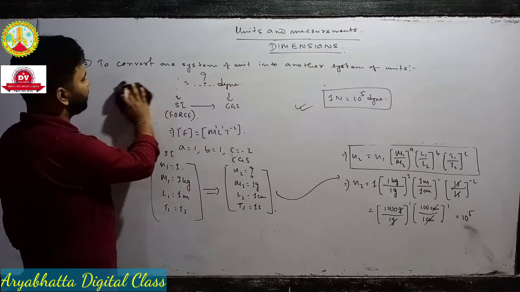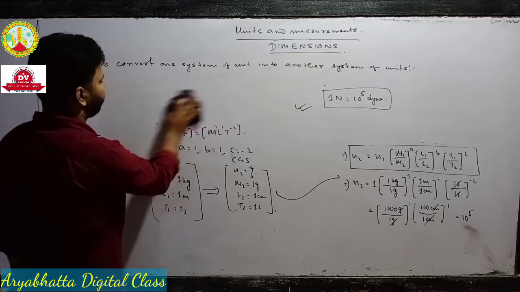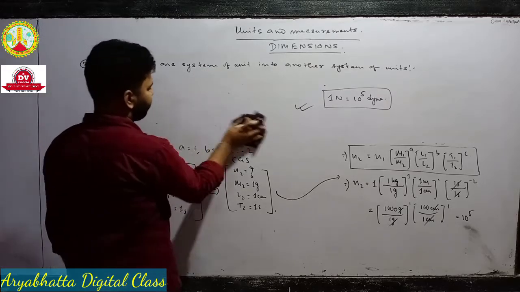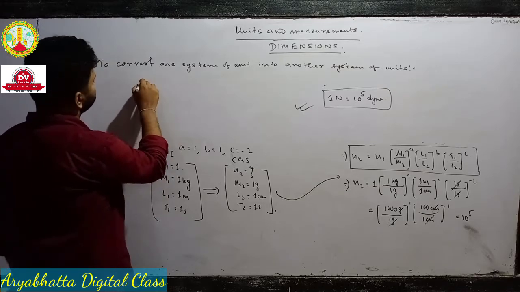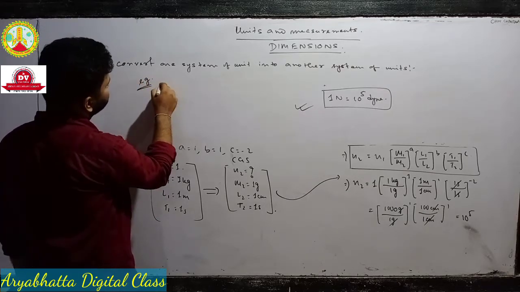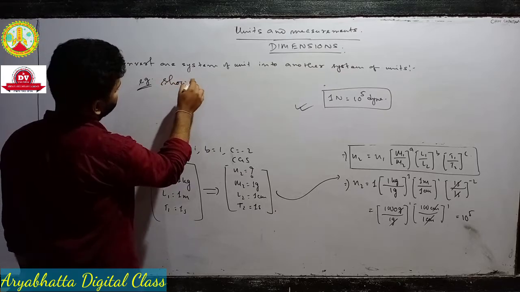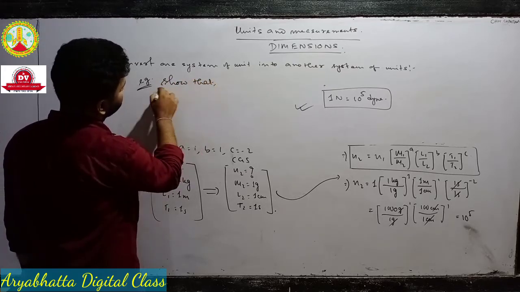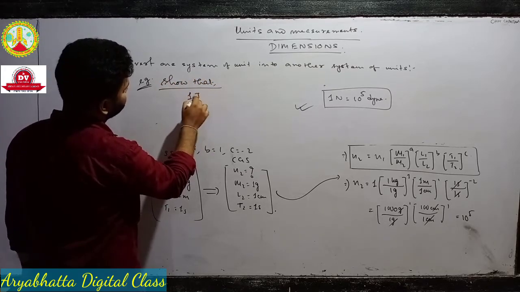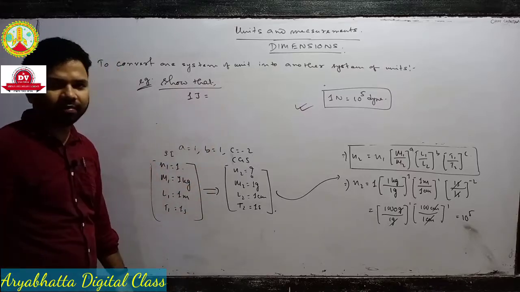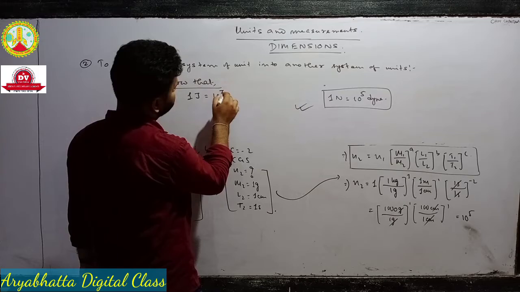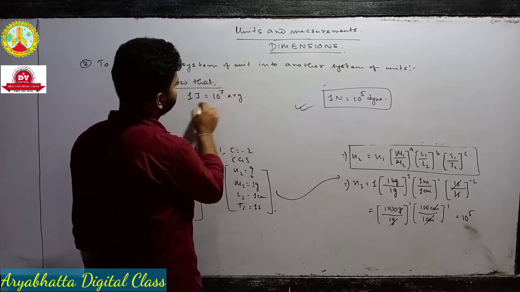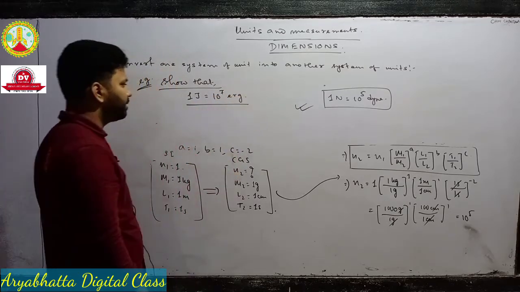Let us do one more example. Show that 1 joule is the SI unit of work done. What is the CGS unit of work done or energy? 10 to the power 7 erg.